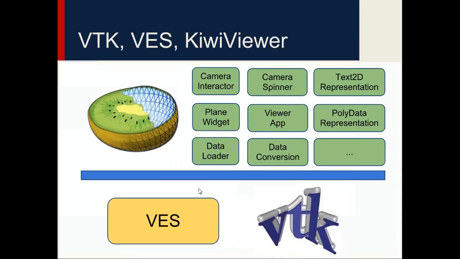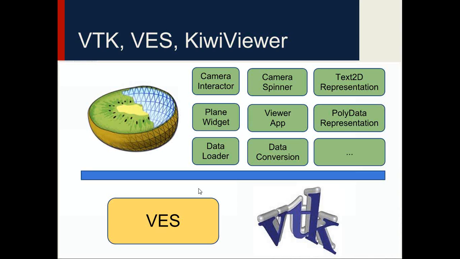So the components that you're going to find at this level: there are essentially two big pieces when you look at VES and Kiwi. On the Kiwi side, what we're illustrating here are the top. Kiwi is built on top of VES, and VES is reusing components from VTK. And the type of components that you will find in Kiwi are more of the application level.